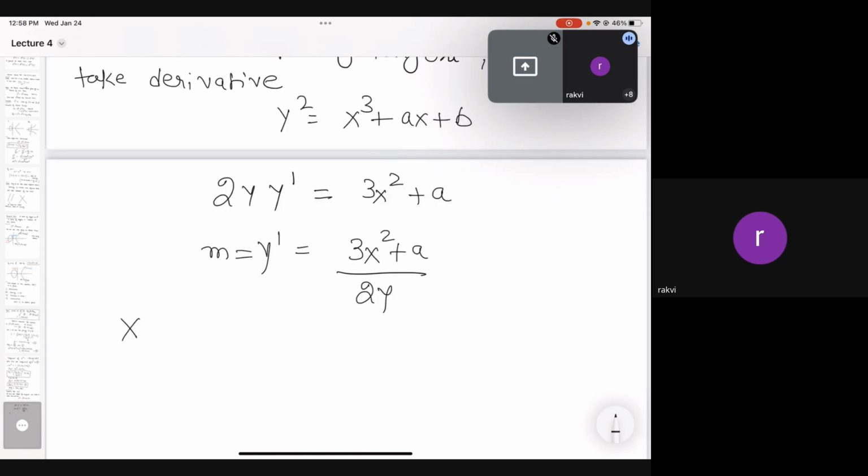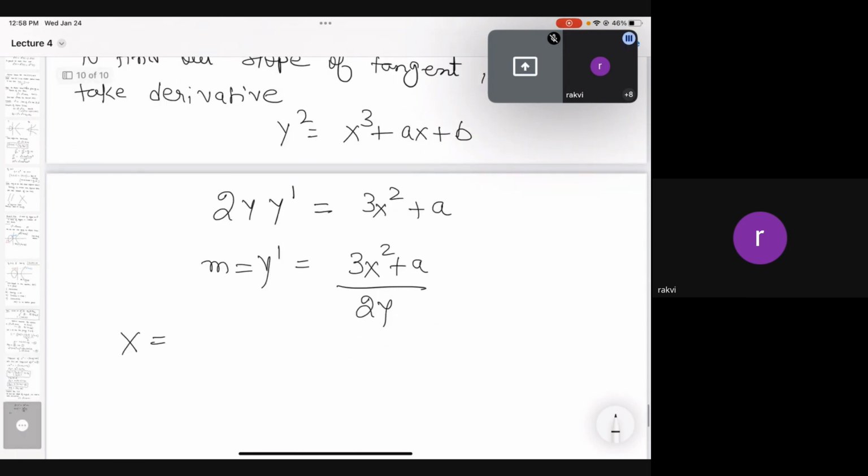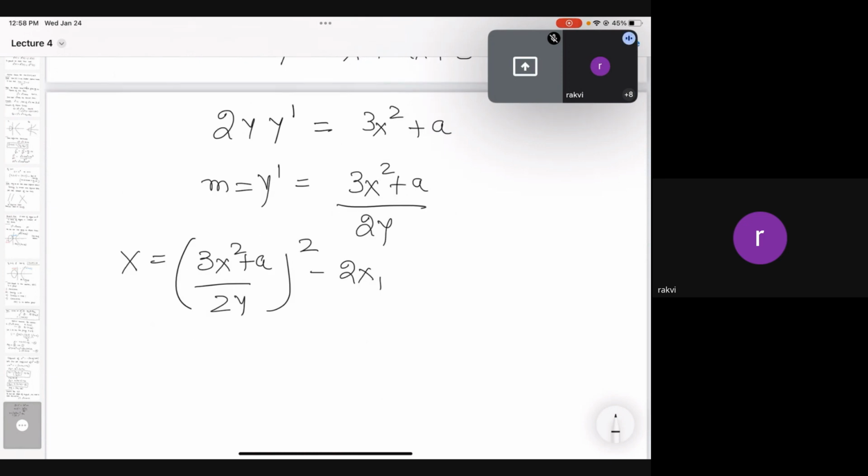So the x coordinate for 2p will be given by slope squared, so 3x square plus a over 2y square minus 2x1. And the y coordinate will be given by 3x square.